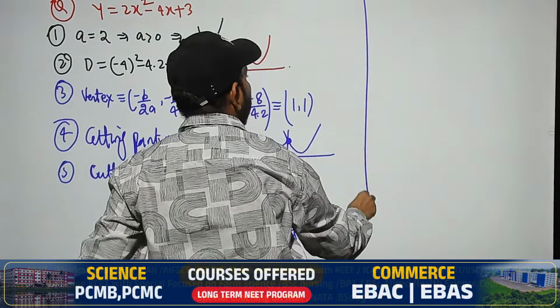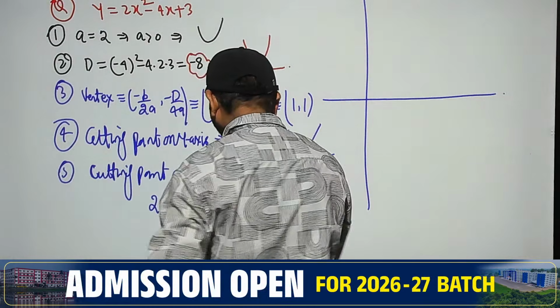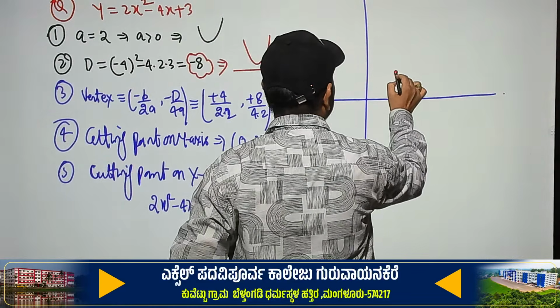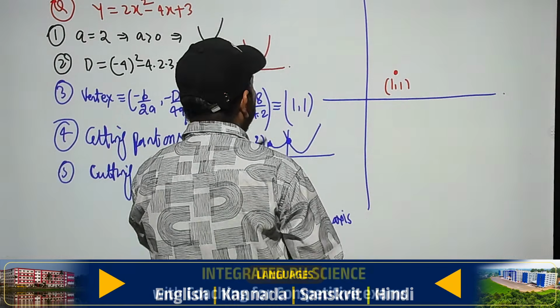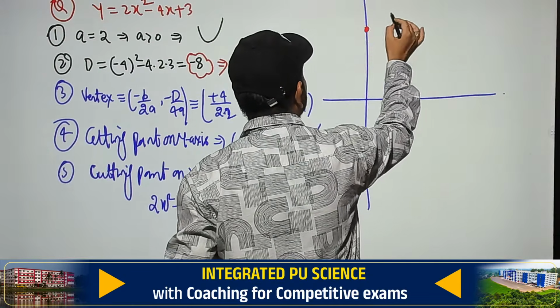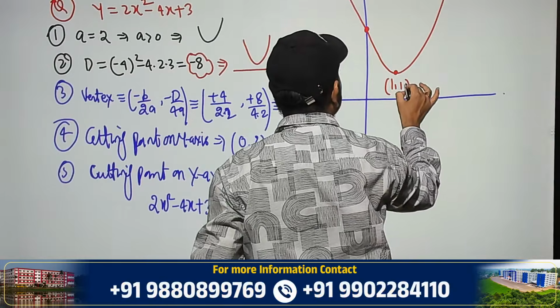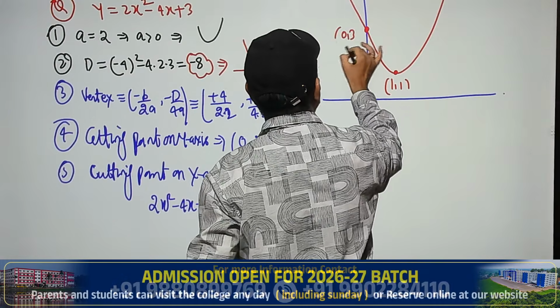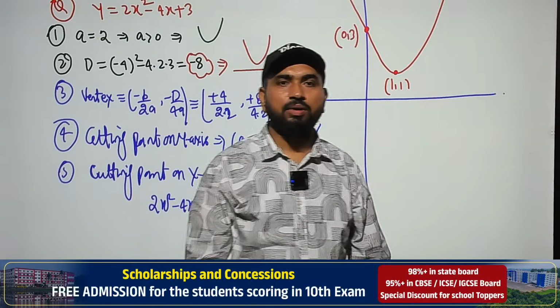So just a simple graph. This is our axis. Vertex is 1 comma 1, which lies somewhere here. 0 comma 3 is the cutting point on the y-axis. Simple graph.